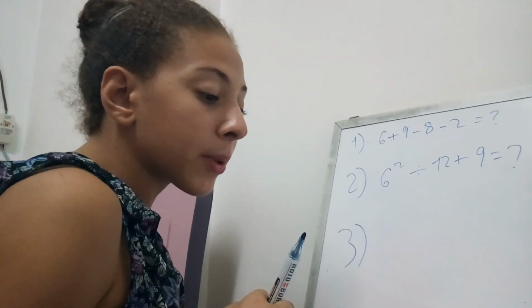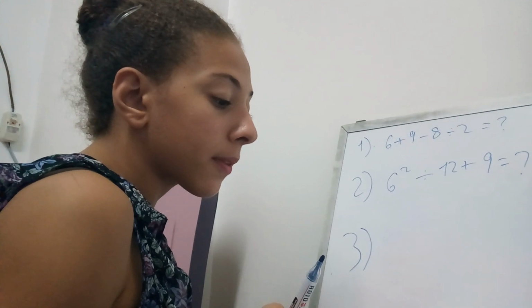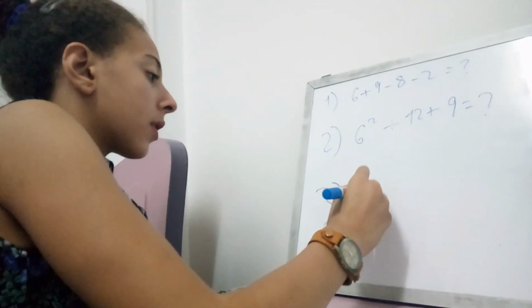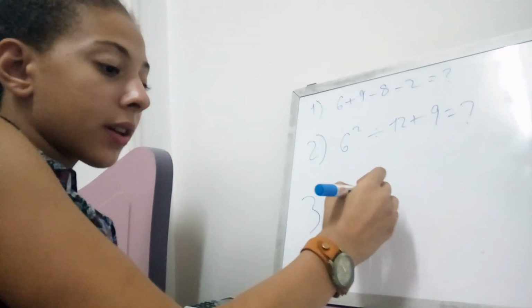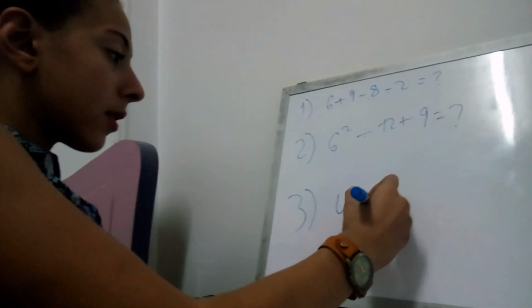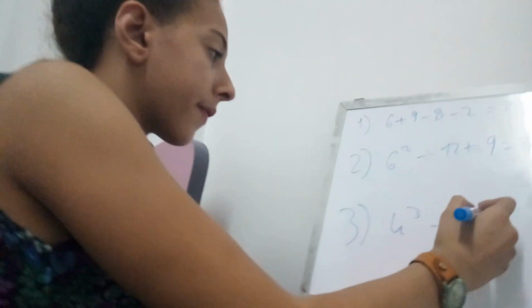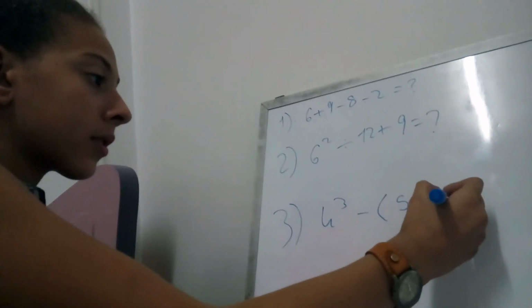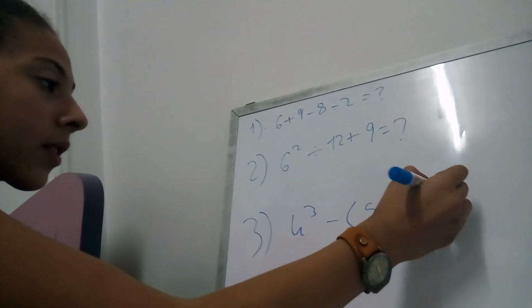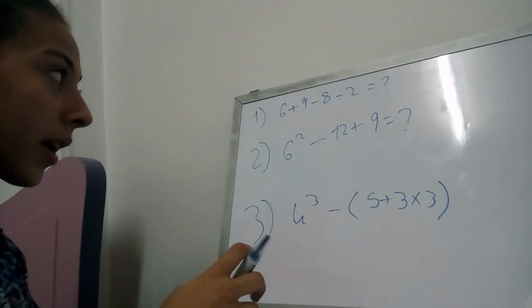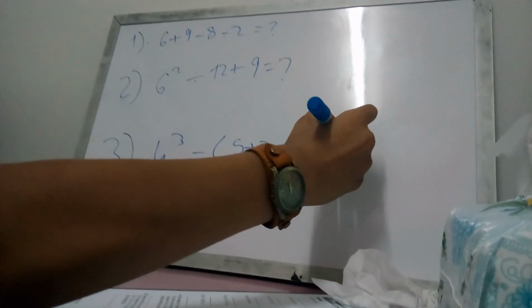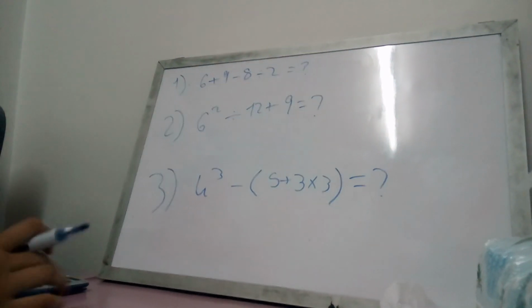So I want something in between. 4 power 3 minus parentheses 5 plus 3 times 3 equals parentheses. Okay, these questions, I want the answers of them in the comments.